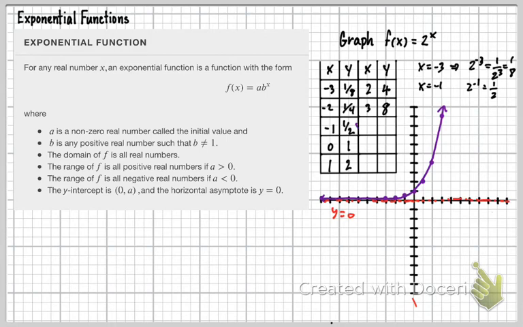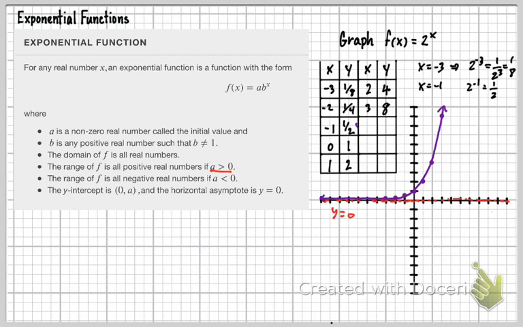And where a was greater than 0, what we see here is it says then the range is going to be all positive real numbers. So it's going to be increasing. So therefore it's going to be going upward. All right, cool. So this is a nice little graph to get used to what these exponential functions are going to look like.